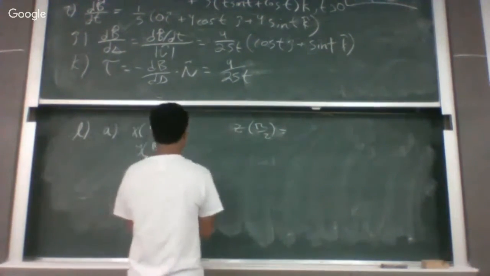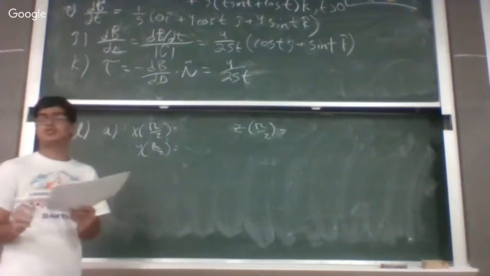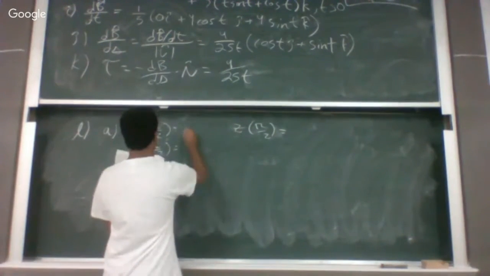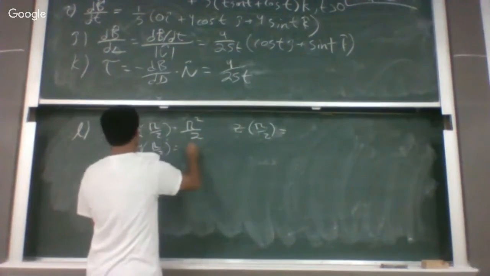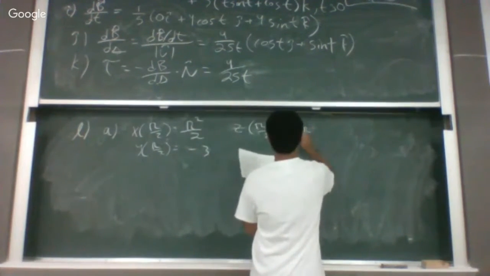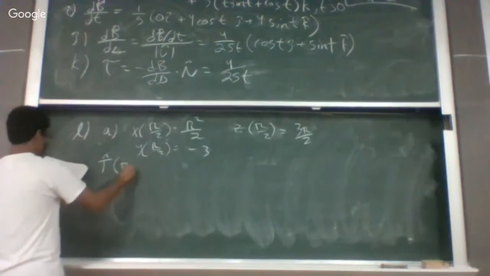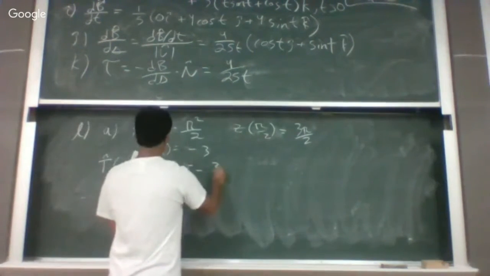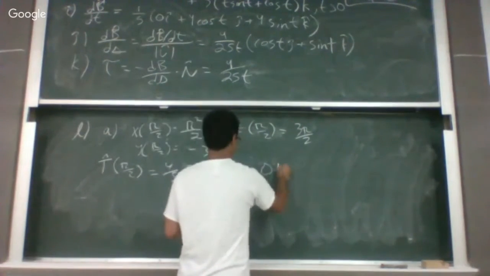X of pi over 2 comes out to be pi squared over 2. Y of pi over 2 comes out to be -3. Z of pi over 2 comes out to be 3 pi over 2. So then we have to find t of pi over 2. That comes out to be 4/5 i minus 3/5 j plus 0k.